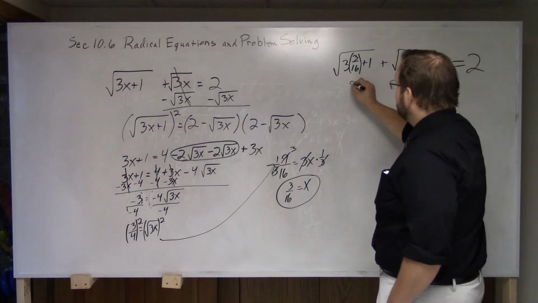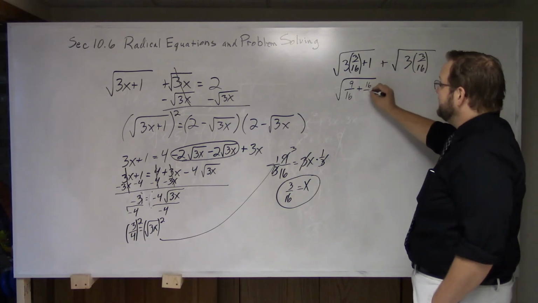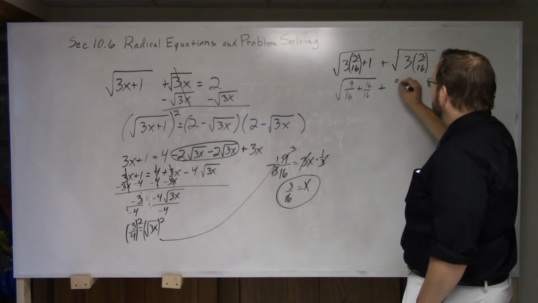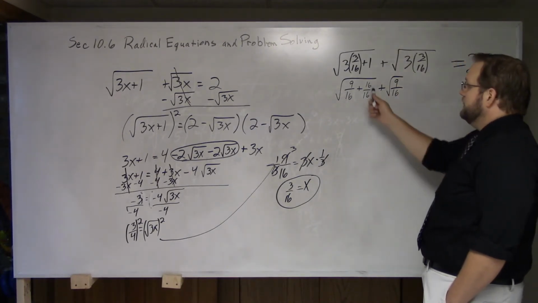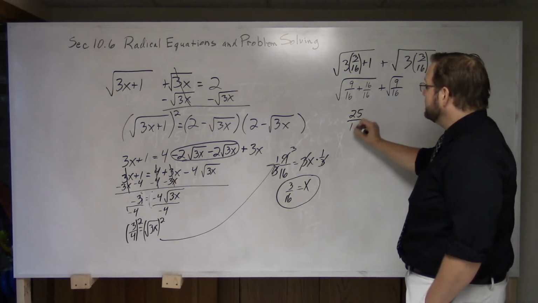This gives us 9 over 16 plus 1, which is 16 over 16, plus square root of 9 over 16. 9 plus 16 is 25 over 16.